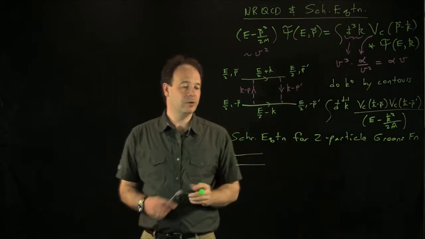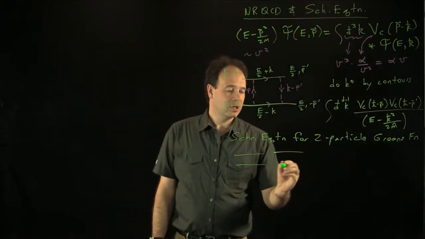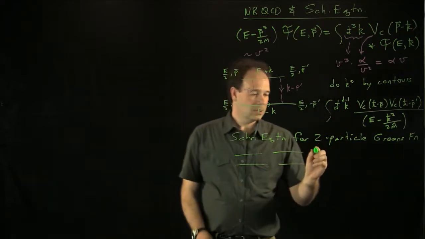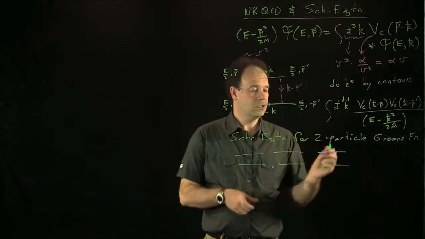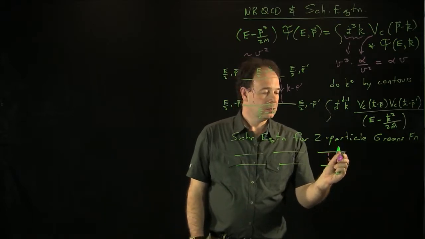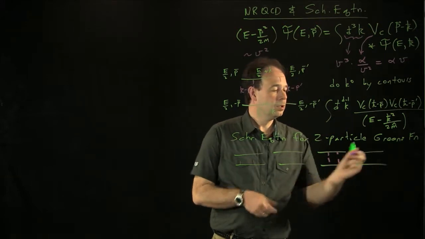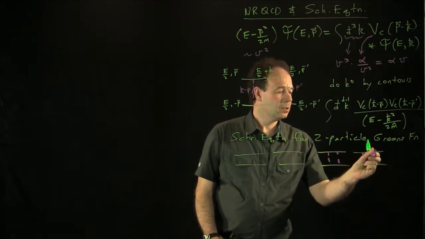So we could have no exchange. We could have a single exchange. And then we could have 2 exchanges, et cetera. So let me draw one more. 3 exchanges.